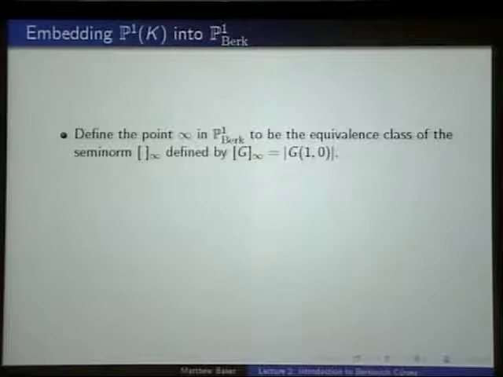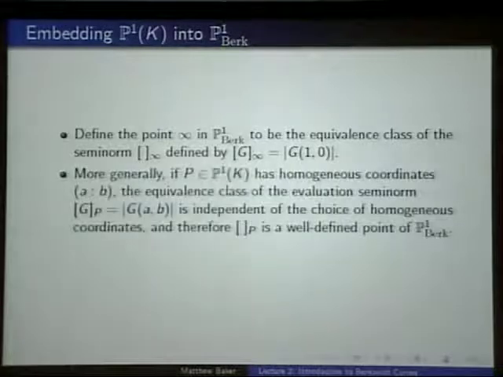And you see that more generally, if I have a point in P1 of k, I can write it in homogeneous coordinates as (a, b), and then I can evaluate a homogeneous polynomial g at (a, b) and take the absolute value, and that gives me a multiplicative seminorm.